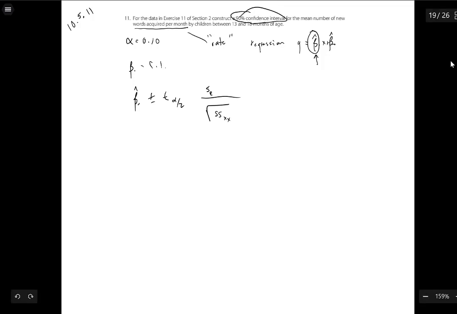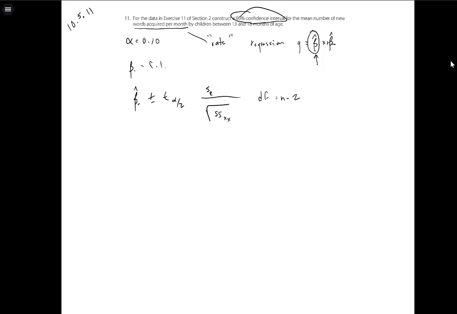So we have our 100 times 1 minus alpha percent confidence interval for beta 1, our slope: beta 1 hat plus or minus t alpha over 2 times s epsilon over the square root of SSxx. And the reminder here is that we have our degrees of freedom, in this case n minus 2. All right, so that's the equation we're going to use to come up with our confidence interval.